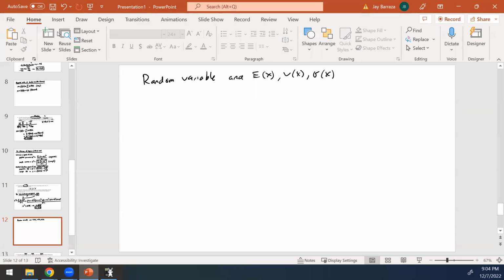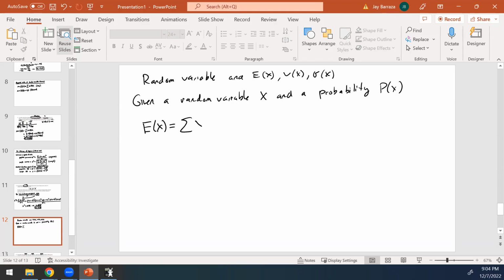So, given a random variable X and a probability P of X, the expected value is not a shocker because we know this. The sum of x times p of x, that's from 9.3, the section before, that's not new. The variance, on the other hand, that is new.